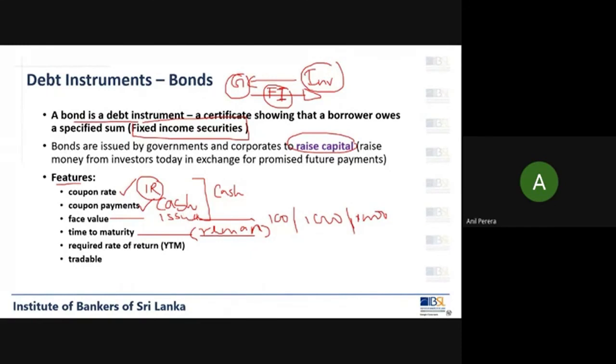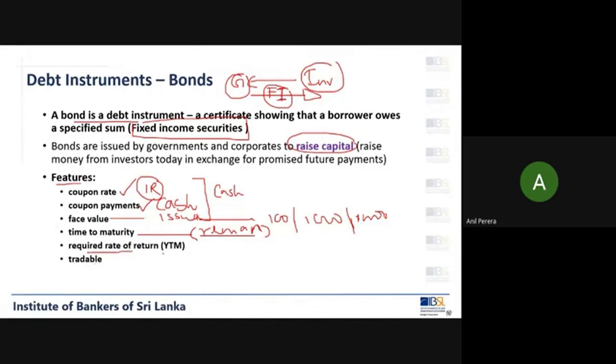So at the issuance, the maturity was 15 years. But let's say you are trading this bond today. This is 2021. Now, what is the maturity of the bond? It's not the 15. Maturity is basically 4 years because you have only 4 years remaining. So you have to take the remaining time period as the maturity.